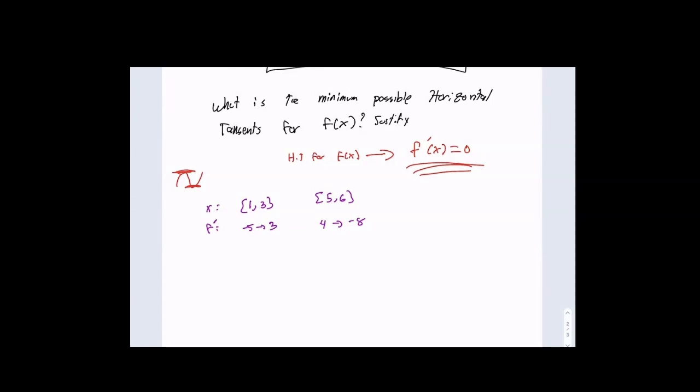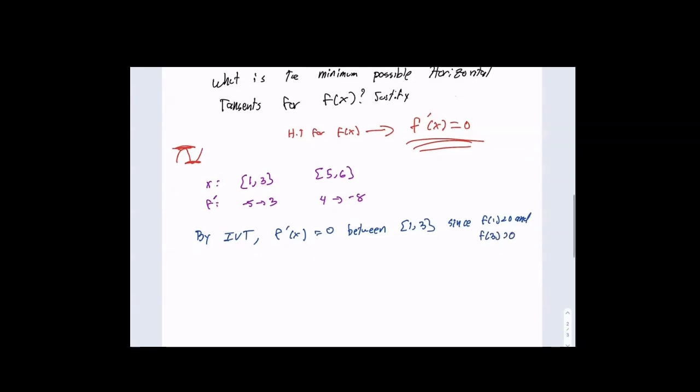So right here, the premise of what we're going to be doing tomorrow is that by IVT, f prime of x must equal 0 at least once between 1 and 3, since f of 1 is less than 0 and f of 3 is greater than 0.